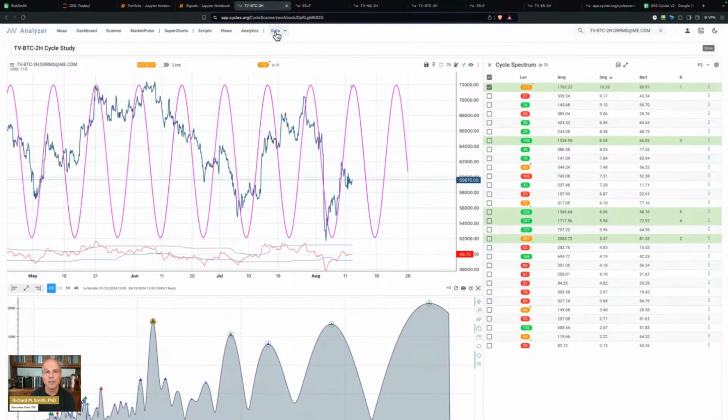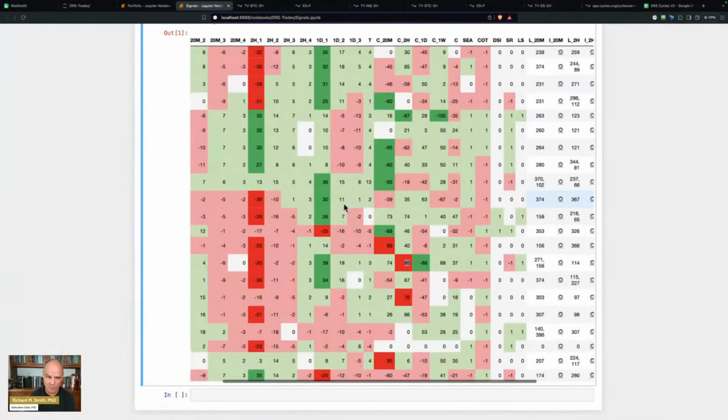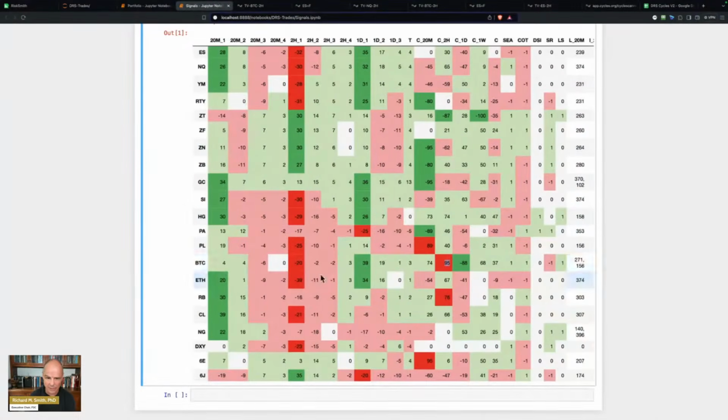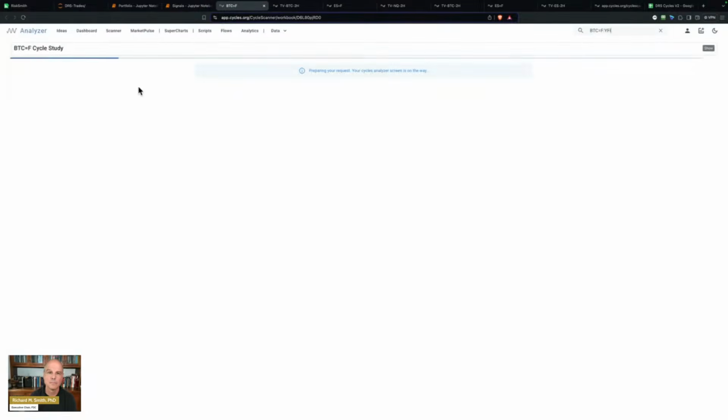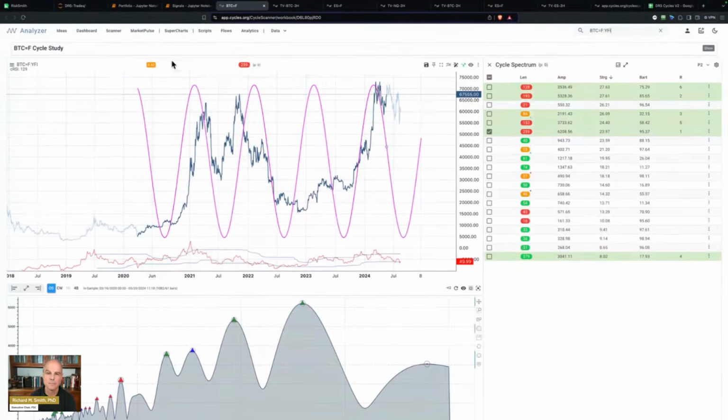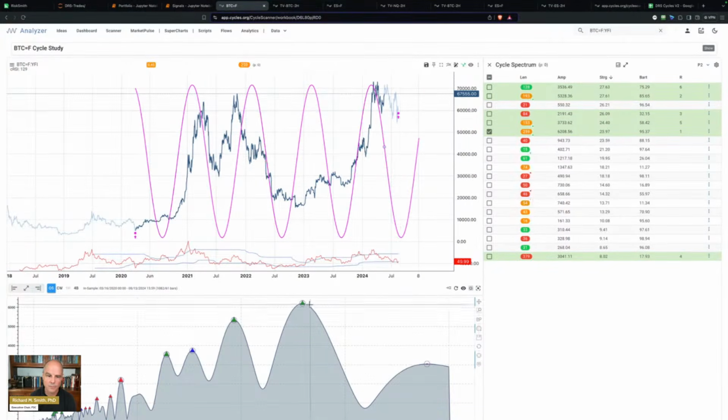And if we go and look at the daily cycles on Bitcoin. So again, Bitcoin here. Tracking this, 259.